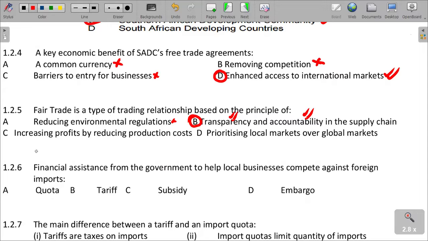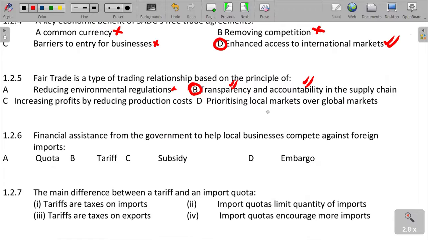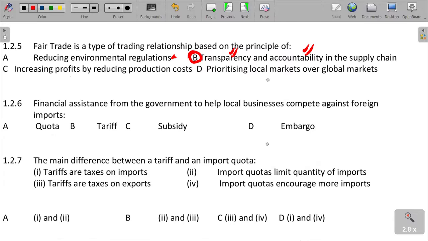And then financial assistance from the government to help local businesses compete against foreign imports. When government supports local businesses so that they can survive international competition, this form of support is called a subsidy.